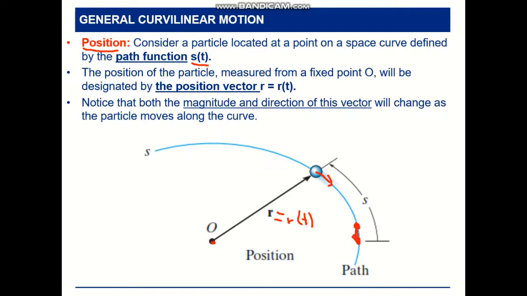Minus y direction. So direction is changing. Also, the magnitude of this vector is changing. Why? Because, as you see, the r is bigger than, let's say, r prime. So the magnitude is also changing.